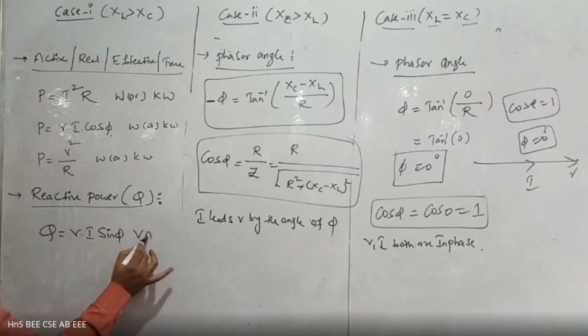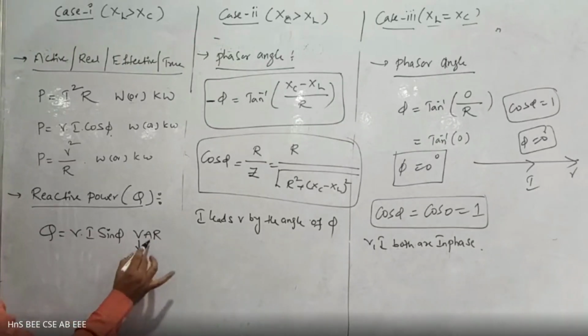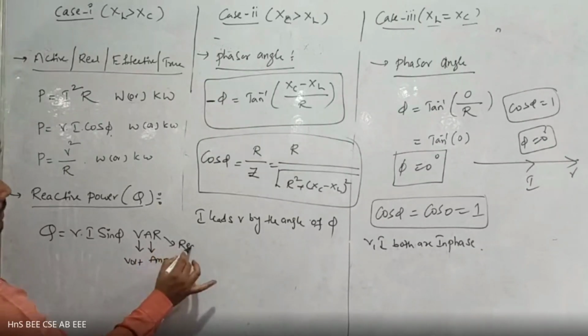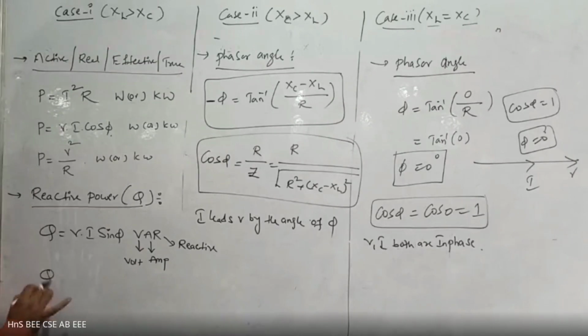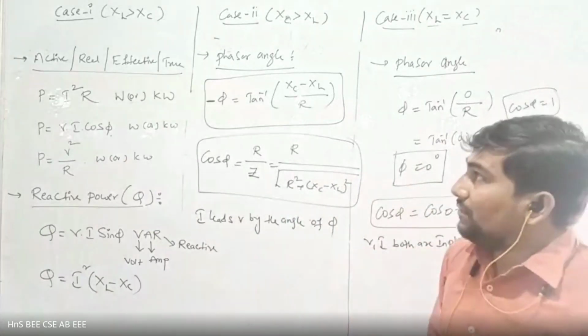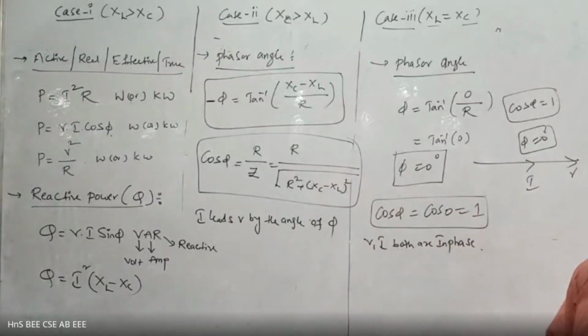The units are VAR: volt, ampere, reactive. And we have another formula, Q equal to I square into the imaginary part. What is the imaginary part? XL minus XC. These are the two important formulas of case number 1, active power and reactive power.